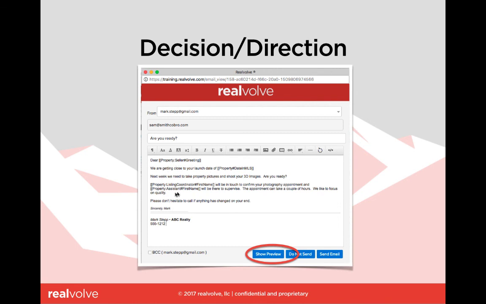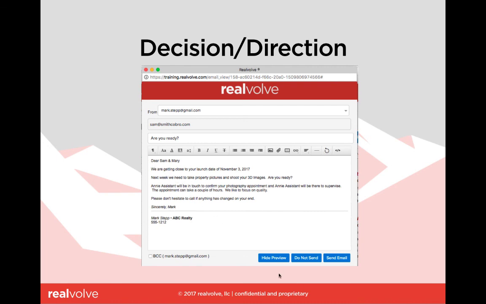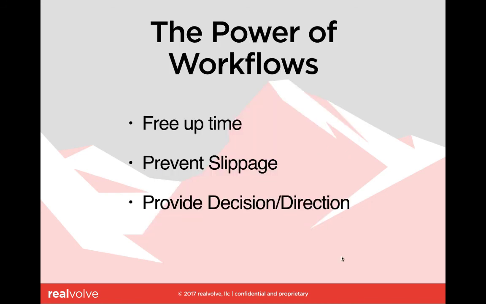I can see the template and make editorial changes to it. One thing we do see here is the merge fields that are available. I can click on show preview, and it will merge in all those fields for me. I can make any additional changes I want, and then click on send email. Once that email is sent, it's done.